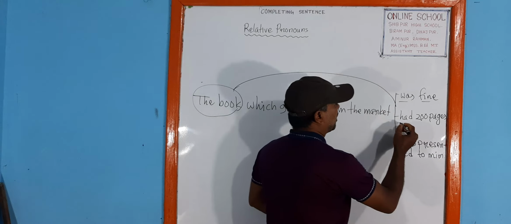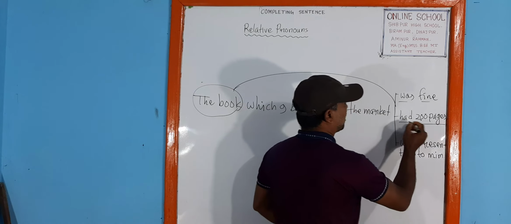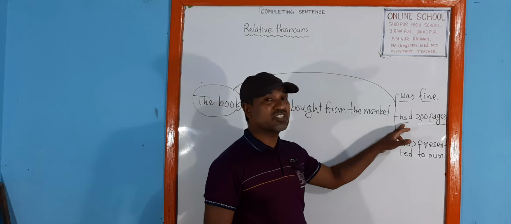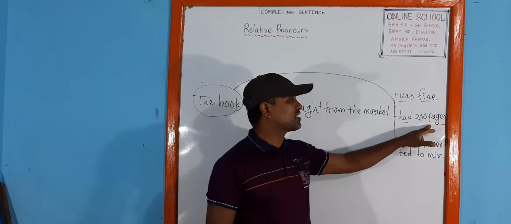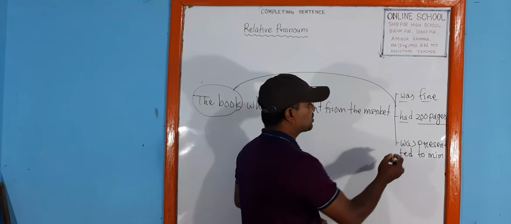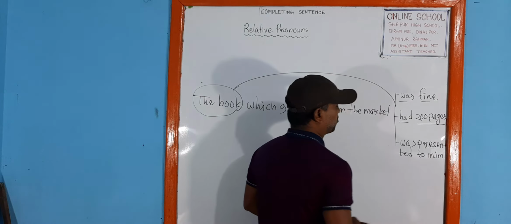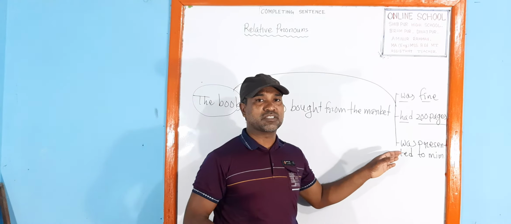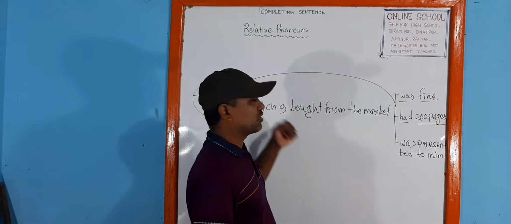And here, "had 20 pages": had is the have verb, and 20 pages is a noun. Now, "was presented to me": that's the action or activity that was done with the book.